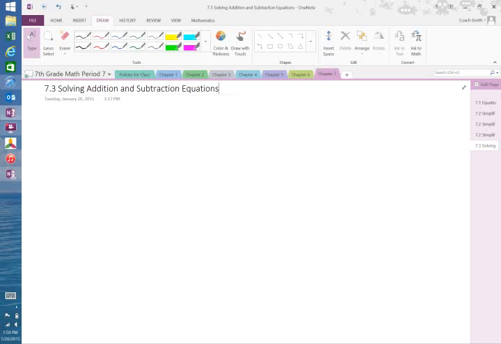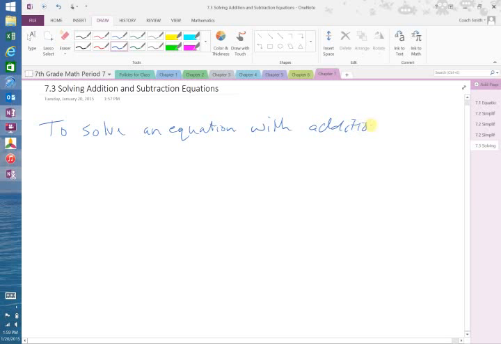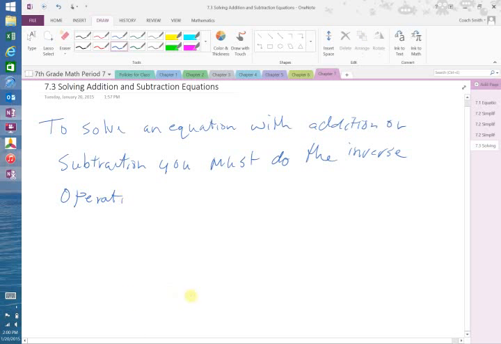All right. Now, when we're solving equations, to solve an equation with addition or subtraction, you must do the inverse operation.